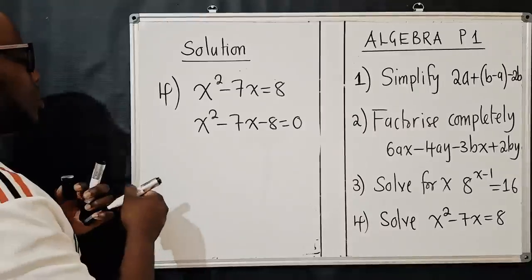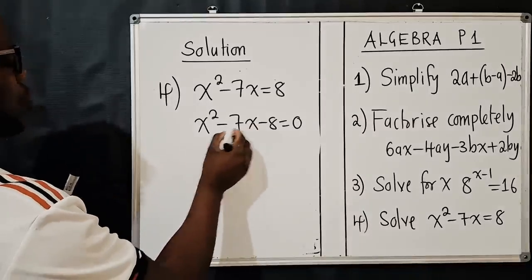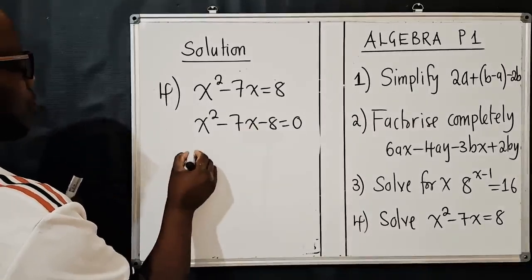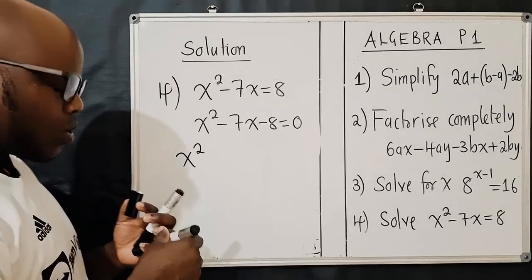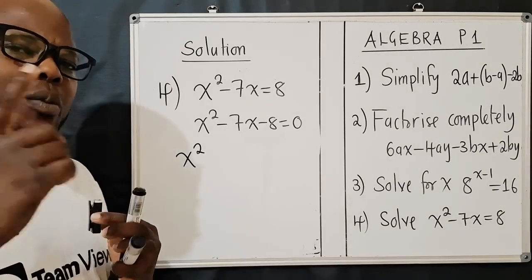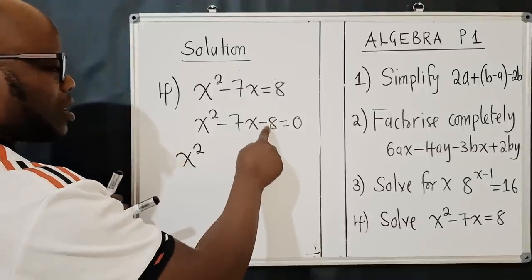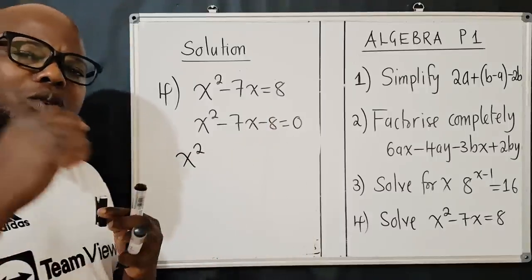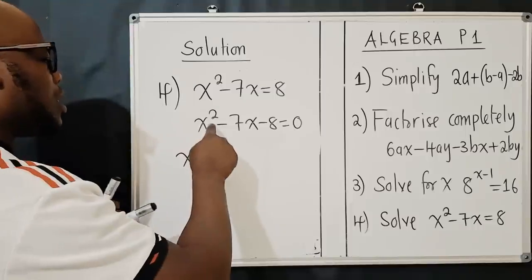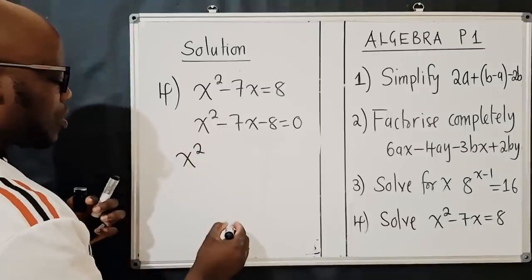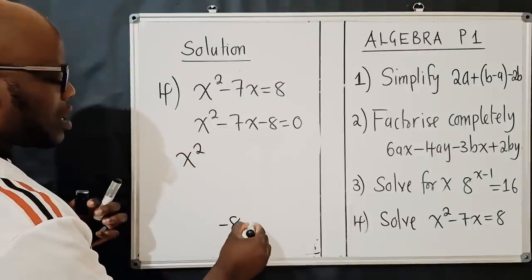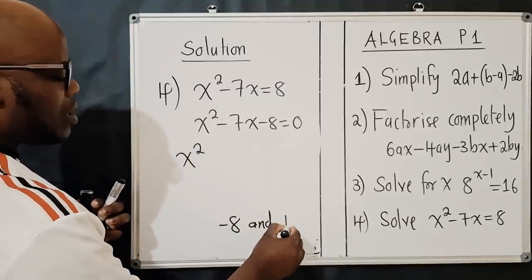So once we do this, we're going to write x power 2, and then we think of two numbers. When we multiply them, they give us this negative 8, and when we add those same two numbers, they give us negative 7. Those numbers are negative 8 and 1.